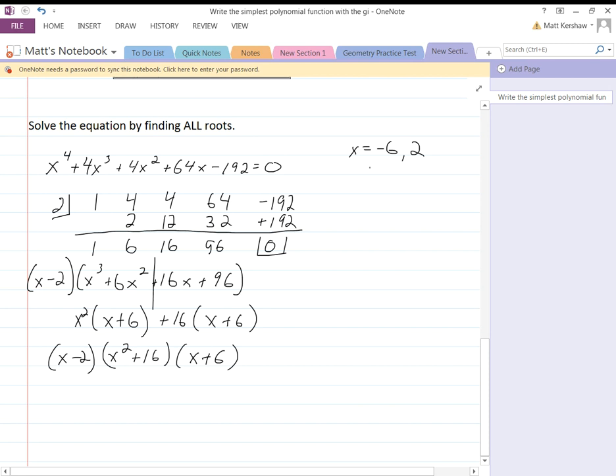And so go back to where we started from the graph at that -6. And so we were right, -6 is a root. If you wanted to here, you could have also done another round of synthetic division with -6.